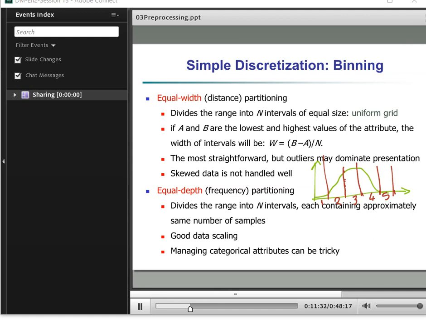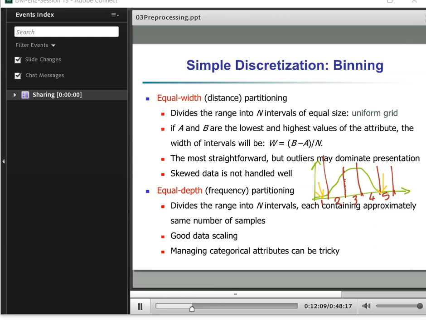You can see that in this case the first and the last bins have the minimum number of items, compared with, for example, bins number 3 and number 4.